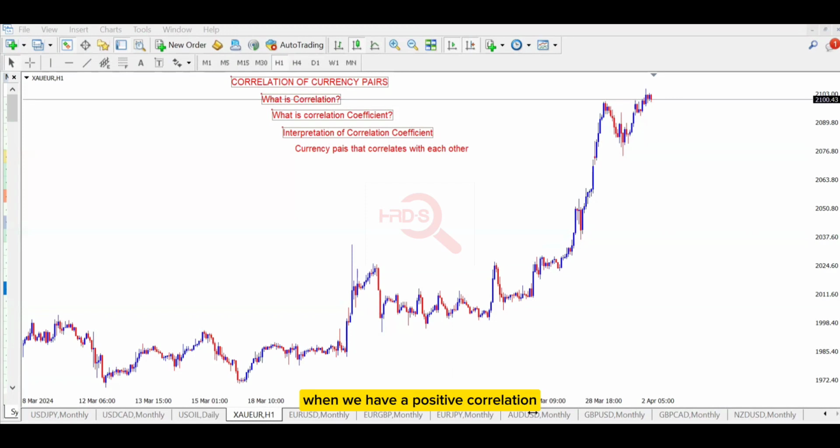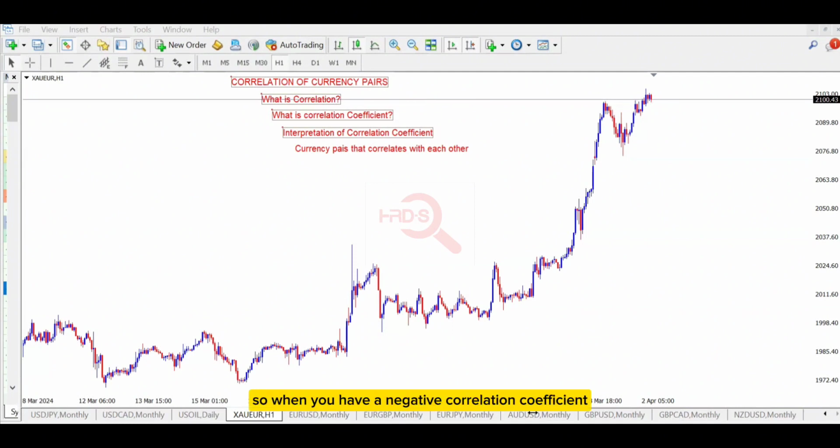When we have a positive correlation, maybe you finish calculating your correlation coefficient and you got +0.9 as your answer, it means that the values of those two currency pairs move in the same direction.